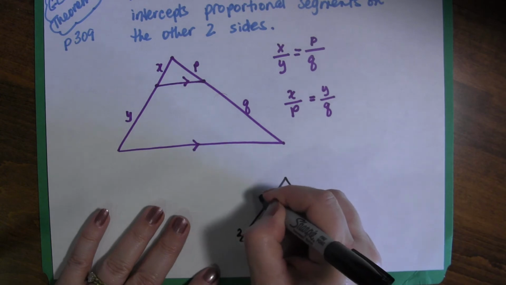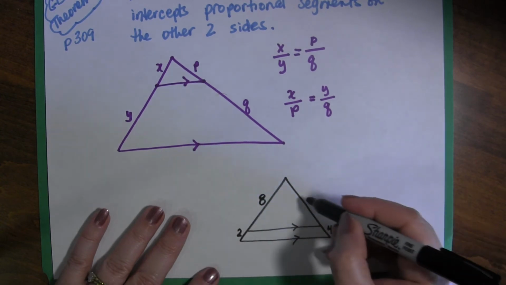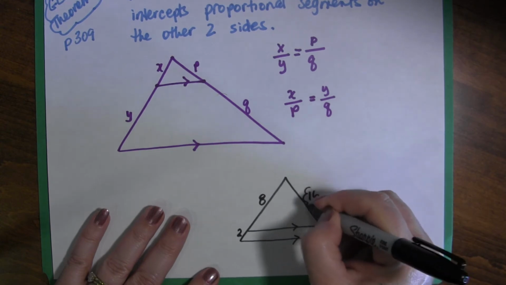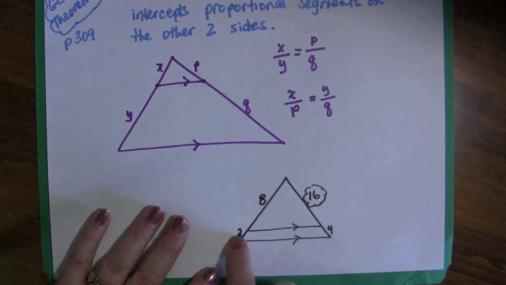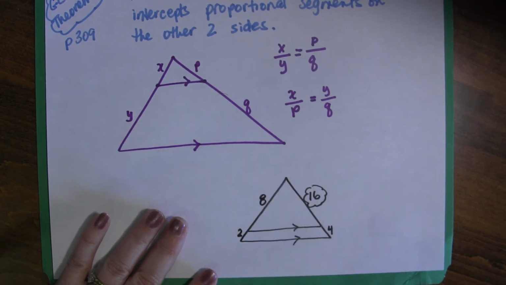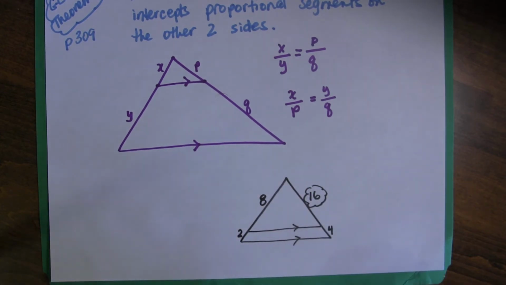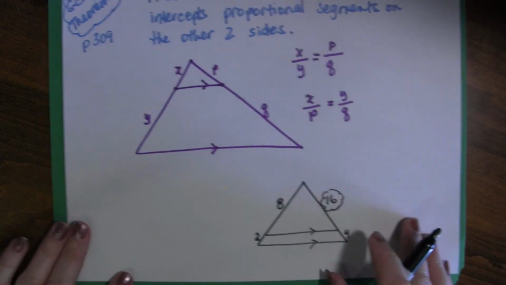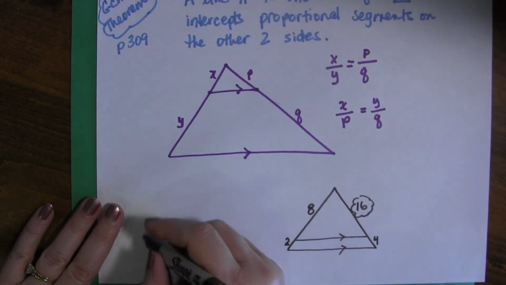And this is 8, what is this side over here going to be? If you said 16, you are right, because 2 times 2 makes 4, 8 times 2 makes 16. So there has to be some sort of relationship between those two numbers. Now, I did not do a very good job here because this does not look like 2 and that does not look like 4. So let me draw one more so that it looks a little bit better.